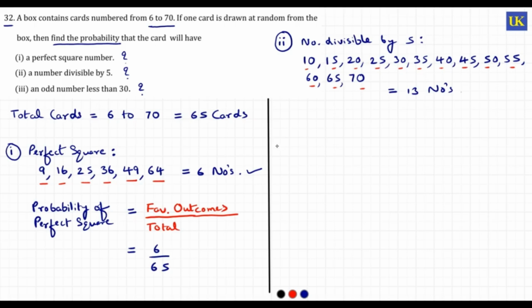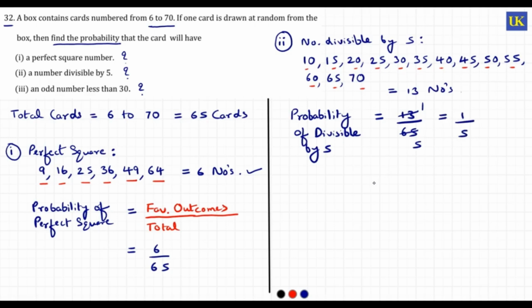Now what is the probability that the number is divisible by 5? Favorable outcomes upon total. So 13 upon 65. 13 ones are 13 and 13 fives are 65. So further we can simplify it. So 1 upon 5 is our answer.